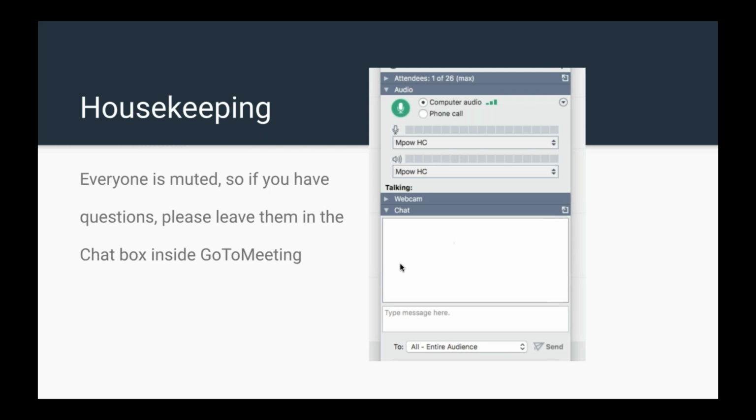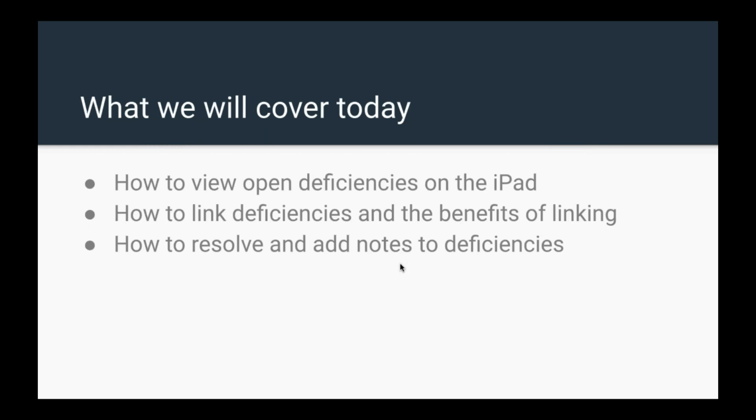So without further ado, let's review what we're going to cover today. We're going to review how to view open deficiencies on the iPad, how you can view those, when you can view them, and where you can see them. We're going to go over how to link deficiencies and the benefits of linking.